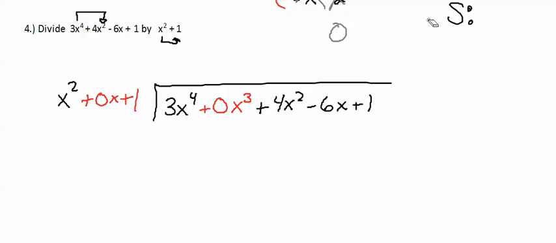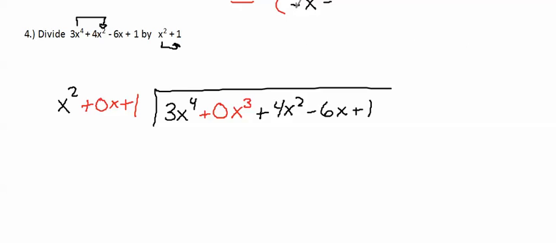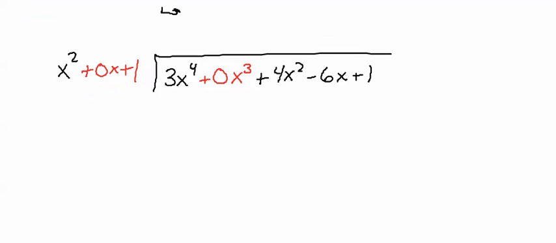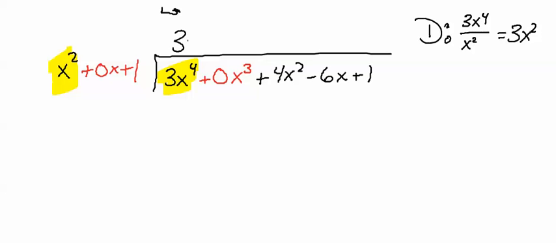And again, we're going to go through that same process of divide, multiply, and subtract. So my division step is to take the 3x to the 4th and divide it by x squared. Again, you're always taking those first terms. You're going to end up getting 3x squared, and that goes on top.